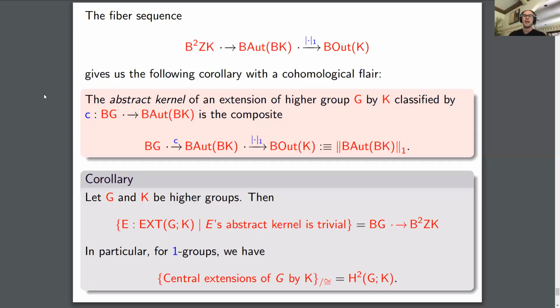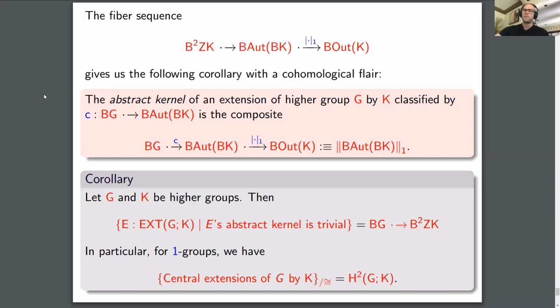And so we get this result, which is that extensions whose abstract kernel is trivial, and I'll mention that that is in fact a proposition for any higher group, which is based on a very slight tweak of a result by Ulrich, Flores, and Egbert in their paper, are equivalent to maps from BG to B2ZK, which is by definition, the set truncation of this is H2(G, ZK).